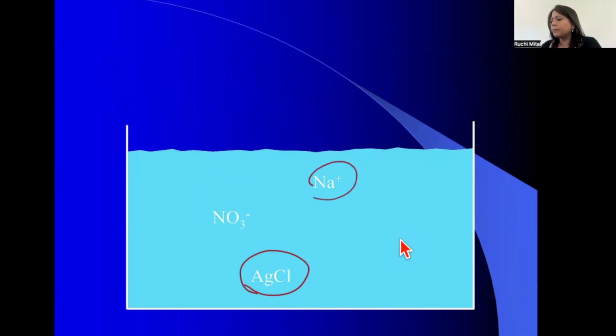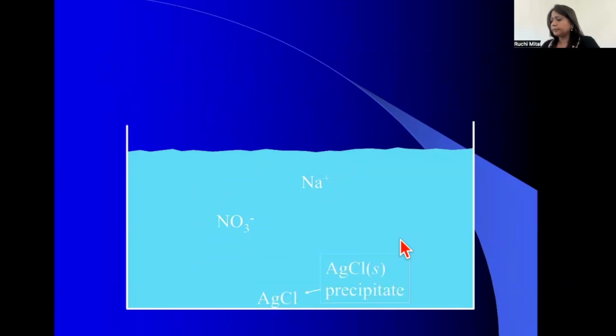Why this is not precipitating but this is, we will look at later when we talk about the concept of KSP. But you understand that based on the solubility rules, all halides are soluble except if they are with silver, lead, and mercury. They are going to form a precipitate. And that is your precipitate. And a precipitate always has a solid phase.